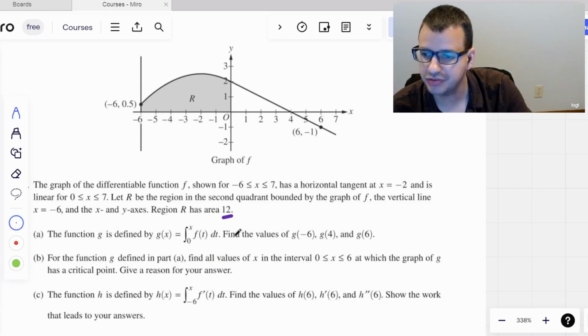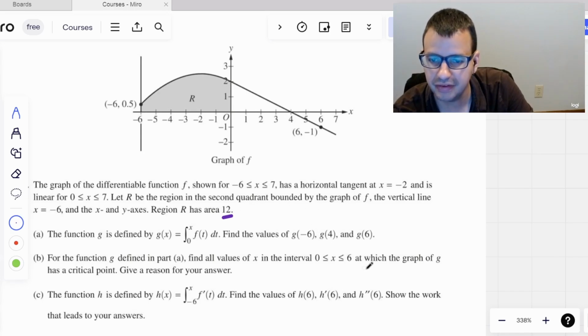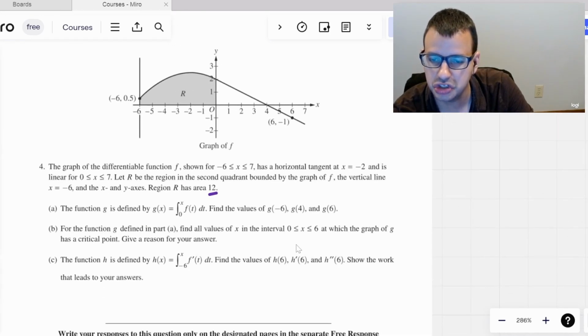Okay, the function g is defined by this. Find the values of g of -6, g of 4, and g of 6.